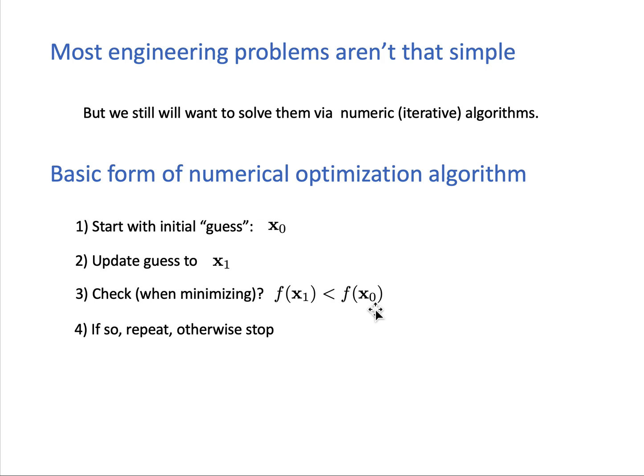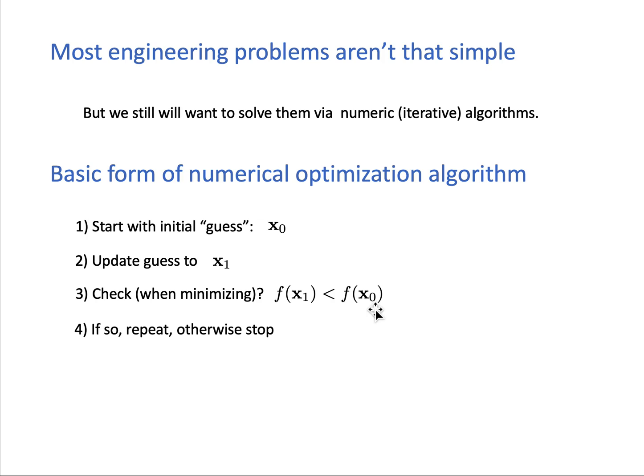We check, is the value of the function at x1 smaller than the value of the function at x0? So in this case, we're looking at a minimization problem, and either a maximization or minimization problem are the same. You can use minimization algorithms for maximizing a function. All you have to do is take the negative of that function, right? So you flip the function, and you can use a minimization algorithm to maximize a function. Conversely, you can use a maximization algorithm to minimize a function. Again, you just take the negative of that function.